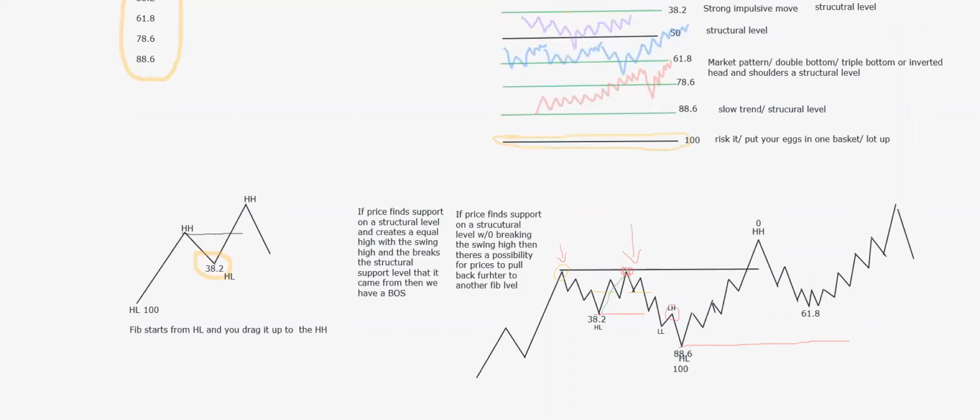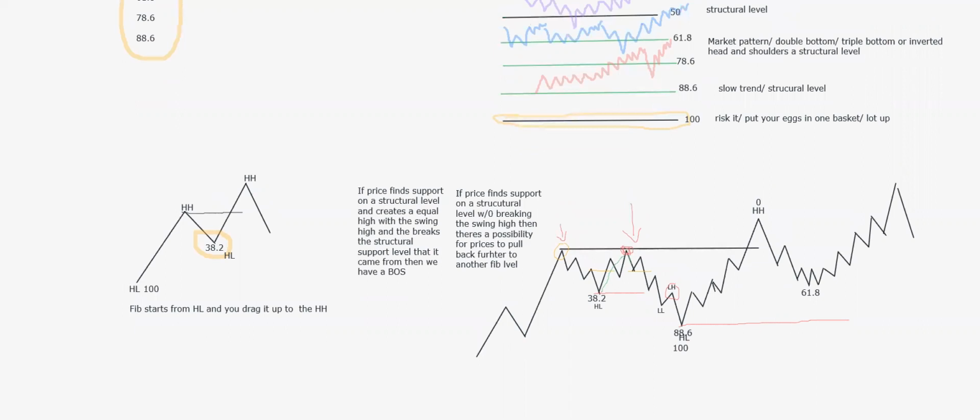So if price finds support at a structural level and creates an equal high with the swing high that we're trying to break, and then breaks the structure support that it came from, then we have a breaker structure.